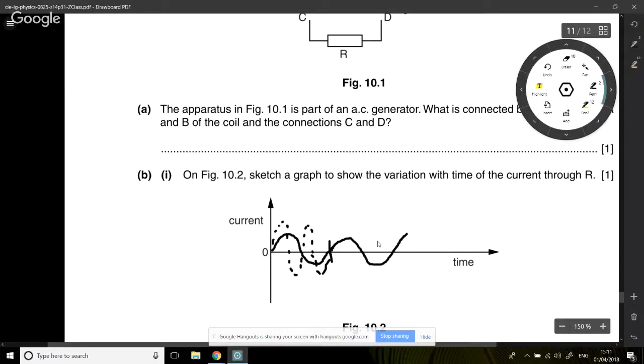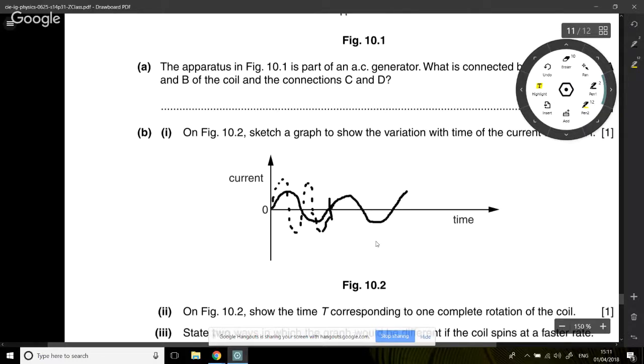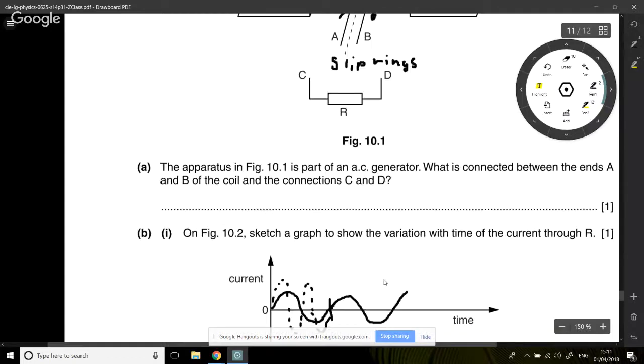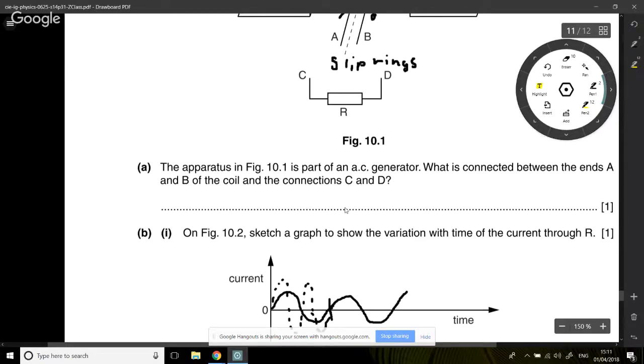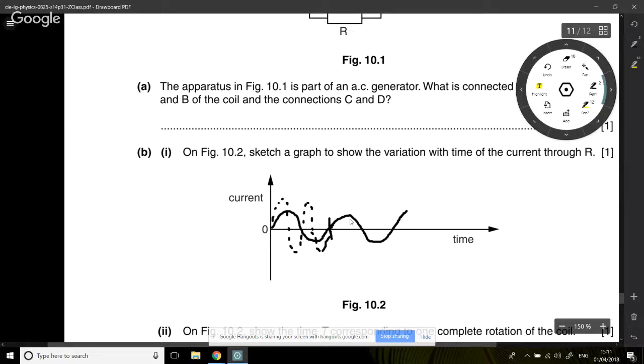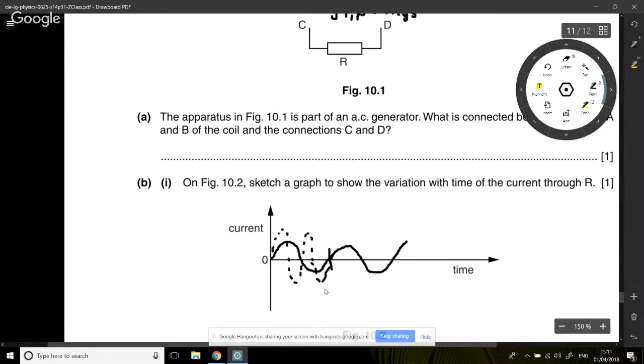Okay, then it's asking how the current varies through the resistor here over time. Basically it's going up and down, like a waveform, because of the circular motion, the rotation.